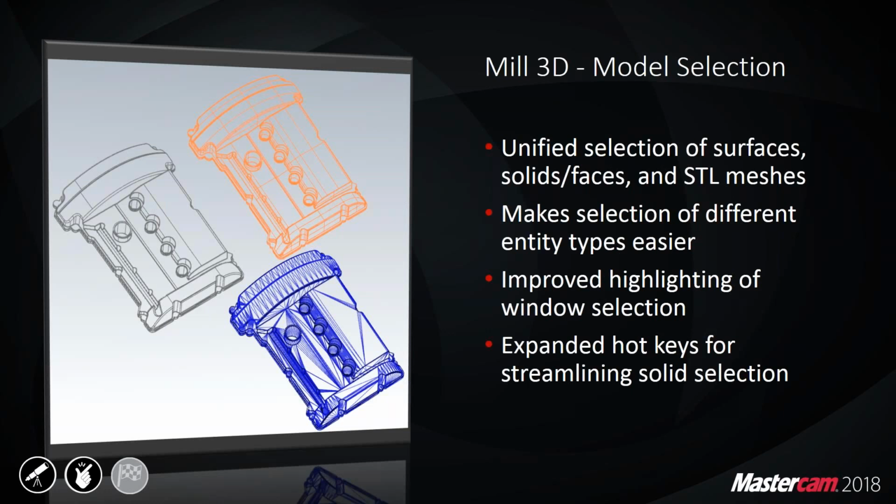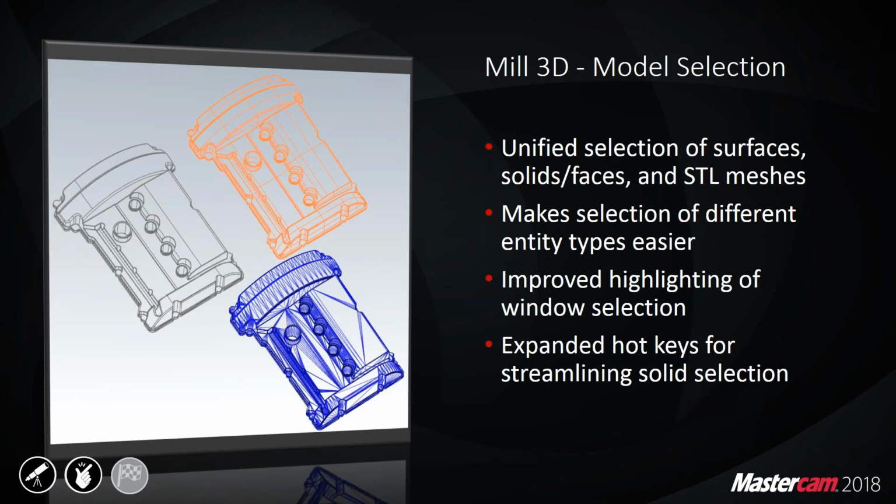So some enhancements to model selection. As we got more and more customers working with reverse engineered geometry, the short story on this is you can program an STL like you would a surface or a solid model now. Before, you'd either have to convert the STL or it was hard to select what you wanted to machine on the STL.